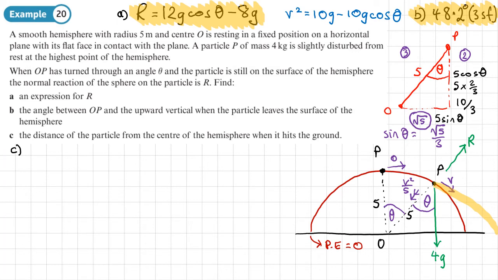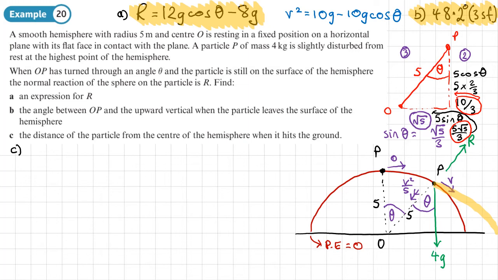So that's going to be 5 times root 5 over 3. Okay, so that is the length of this side. Okay, so let's just highlight those, because these are the measurements that I'm interested in. So these are the horizontal and vertical distances of P from the center of the circle.